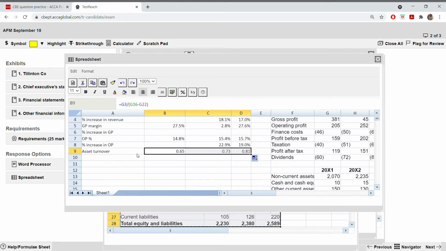Next, the last one under profitability is return on capital employed percentage, ROCE. This will be in percentage. The formula for this is operating profit into asset turnover. Another formula you can use is operating profit into asset turnover.